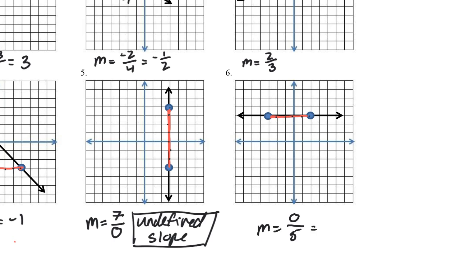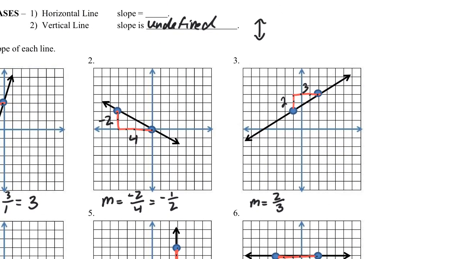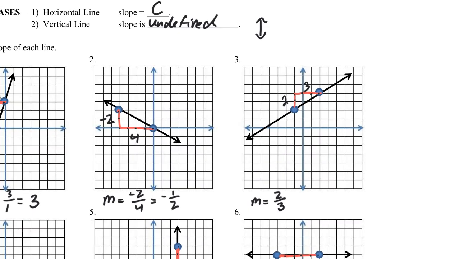Well, 0 divided by anything is just 0. So our slope here is perfectly flat, a perfectly horizontal line. Our slope is 0. This is going to be true for any horizontal line. Our slope is always going to be 0 because we'll never have any rise. No rise on a horizontal line, just run.